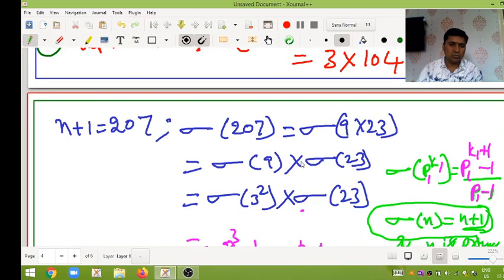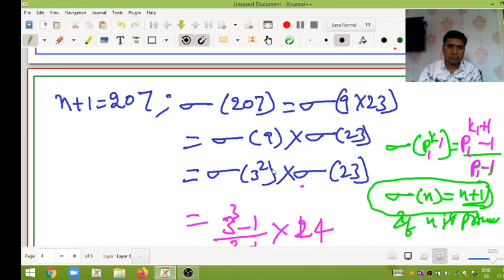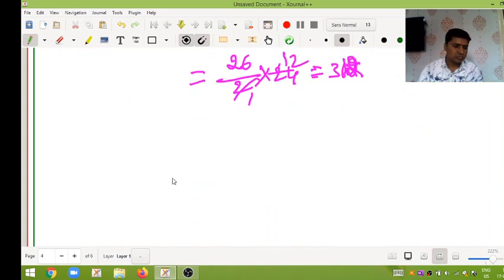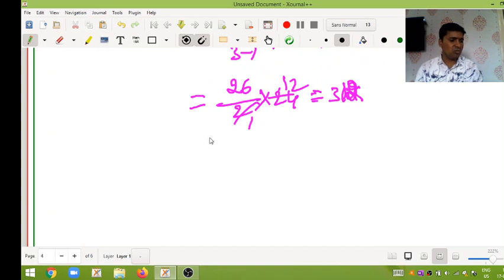This sigma value is about sigma of n plus 1 value. Sigma of n plus 1.